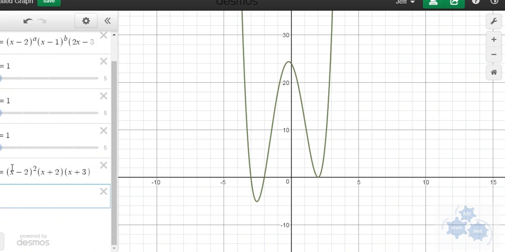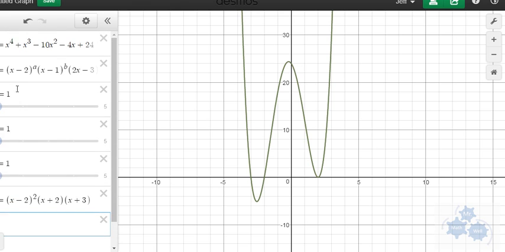This is our original, okay? And we put our factors there. We put the same function in factored form to check to see if we did this right. And as I click off that one, you see there's our original function, and now there's the factored form, and it is exactly the same. So we've factored that correctly.